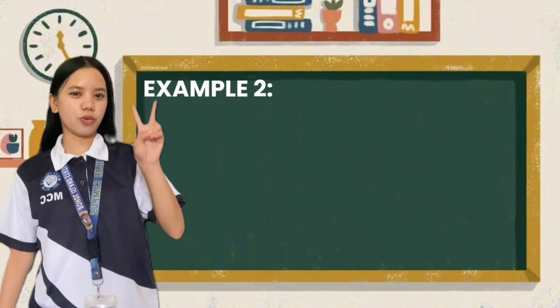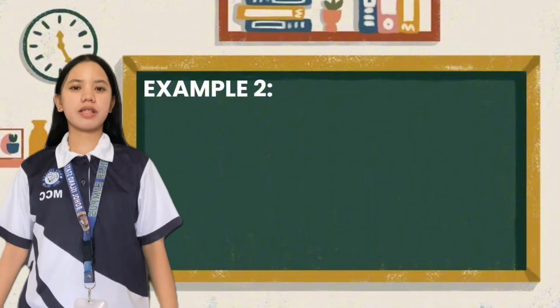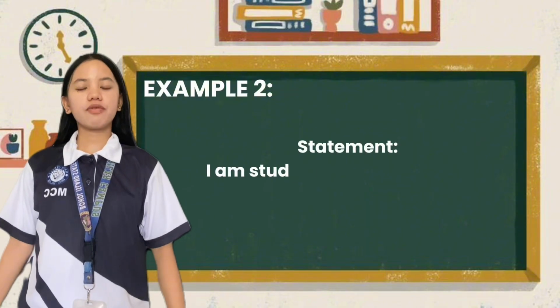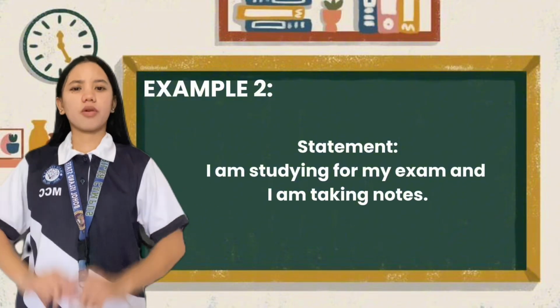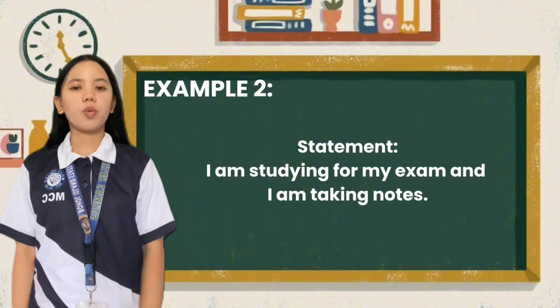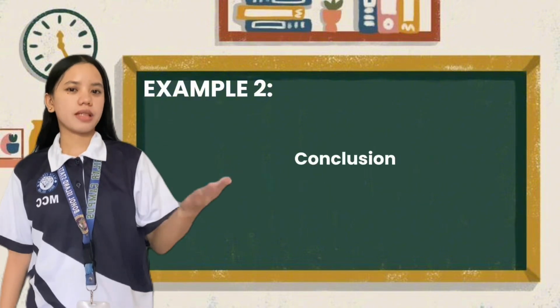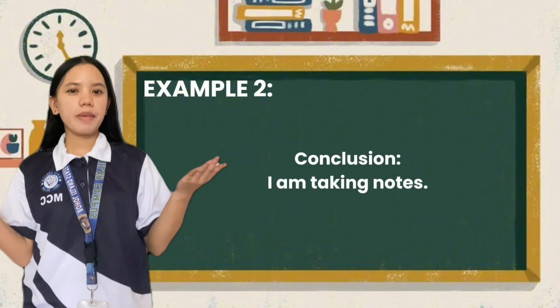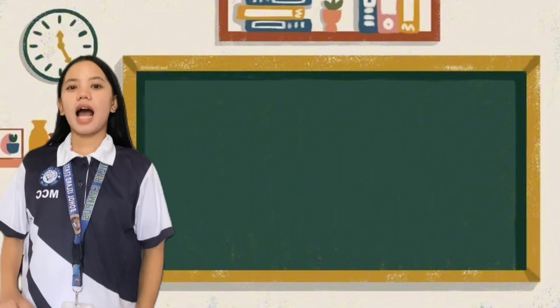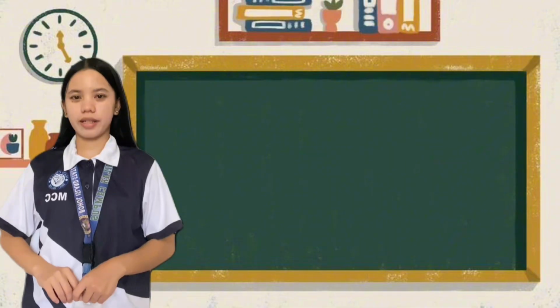Example number 2. Suppose we have a statement, I am studying for my exam and I am taking notes. So using simplification, we can conclude that I am studying for my exam, and we can also conclude that I am taking notes. So that's how simplification works.